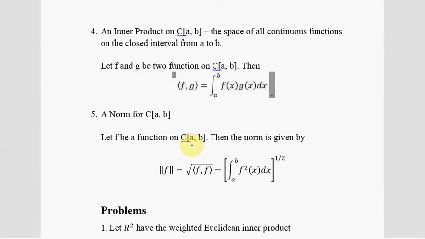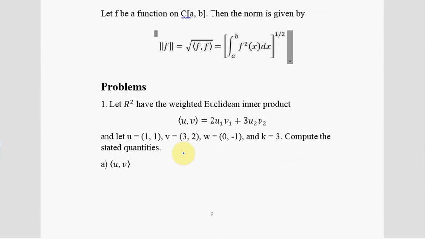So this is the square root of the integral from a to b of the function times itself, dx. Let's look at some problems, and we'll finish this day with these problems here, and I think we should be okay.